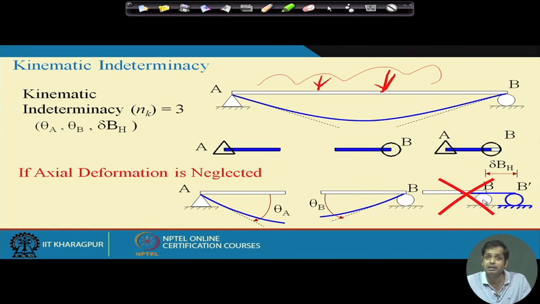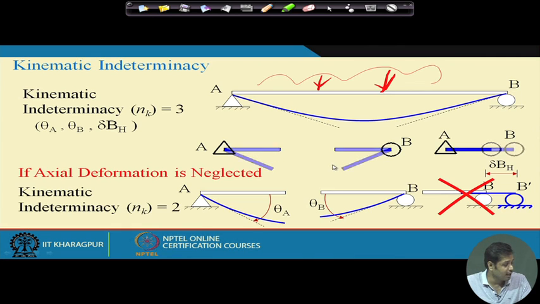So, this is neglected, and if you neglect that, then the kinematic indeterminacy of this structure is 2. Okay. Kinematic indeterminacy of this is 2.